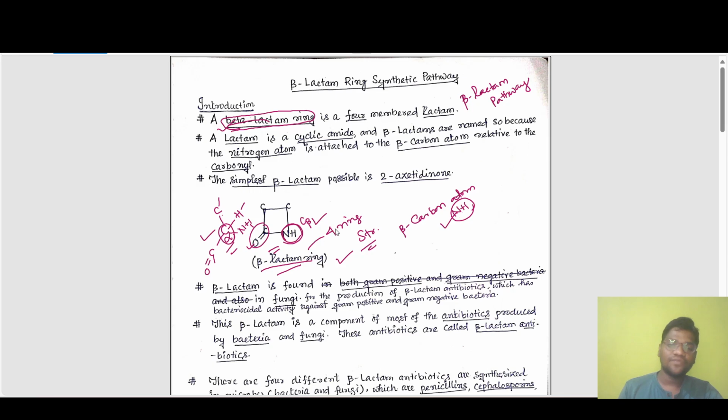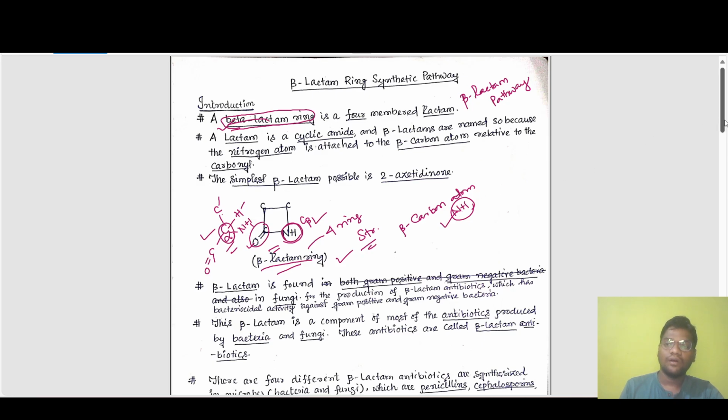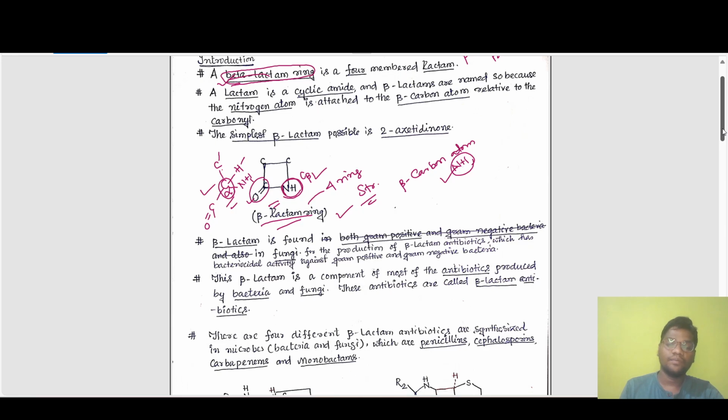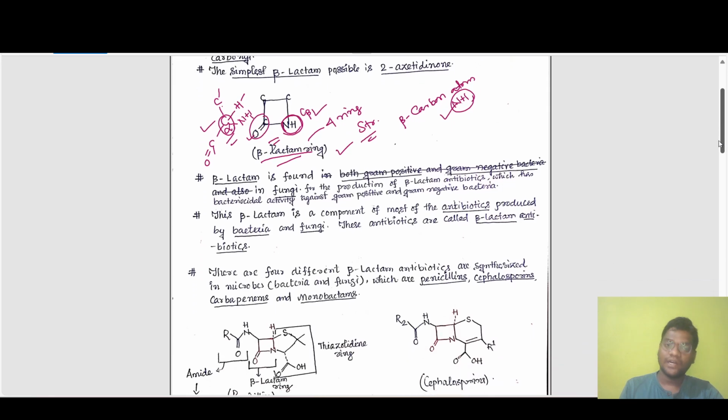The simplest form of beta-lactam compound is 2-azetidinone. This is the simplest compound among all the possible compounds having the beta-lactam ring. Beta-lactam is found mostly in fungi, but also in bacteria, for the defense mechanism.